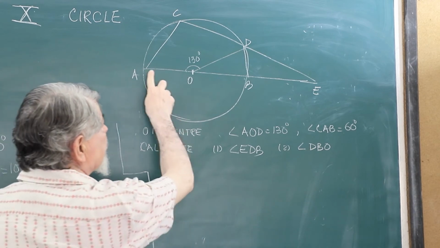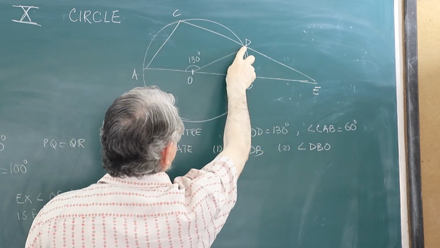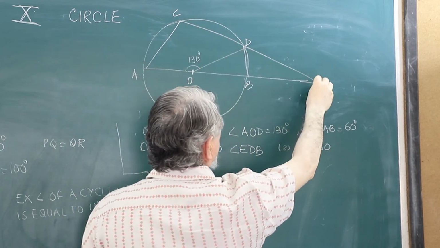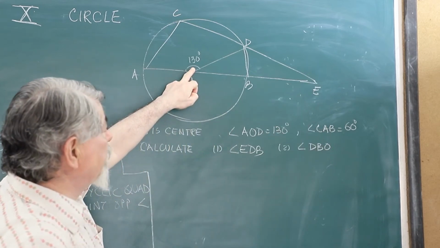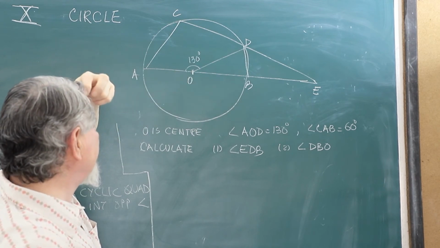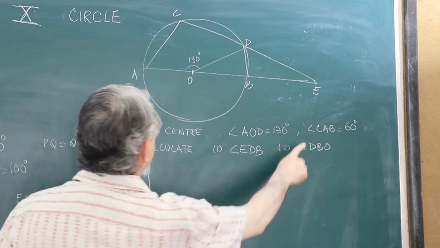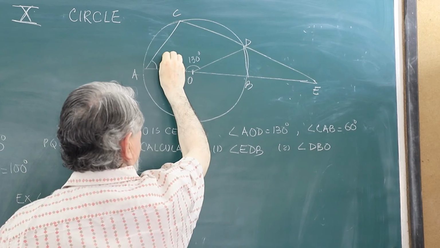AB is extended to point E, and CD is extended, and extended CD and AB meet at point E. He has given you angle AOD is 130 degrees, and angle CAB is 60 degrees.